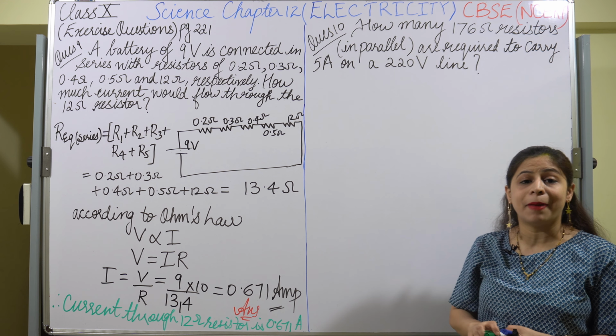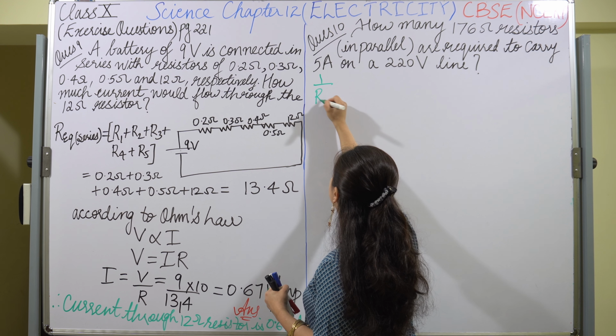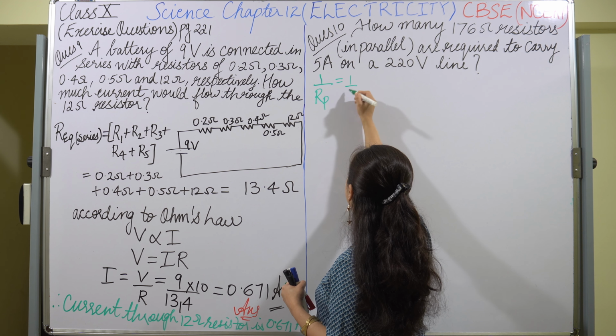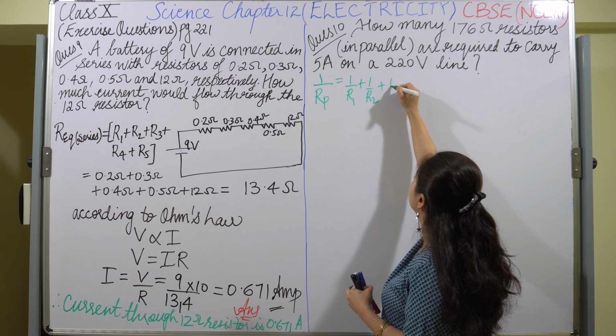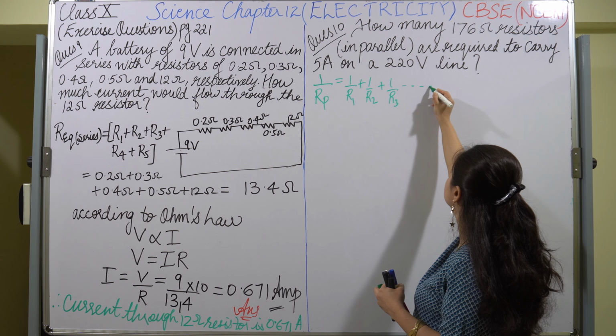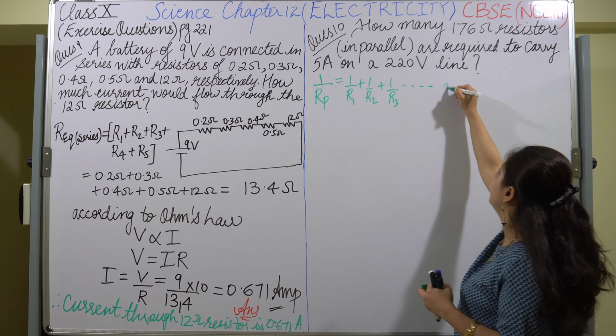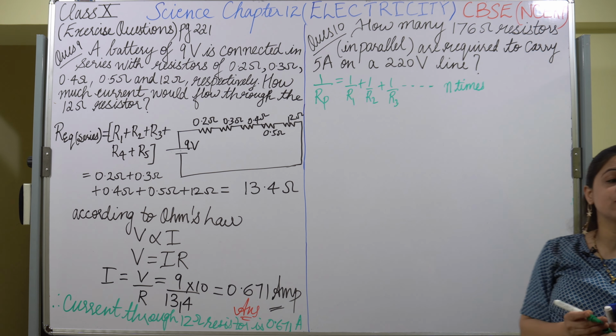So we already know the parallel equivalent is given by 1/Rp = 1/R1 + 1/R2 + 1/R3, and it goes on till n times. Okay, so this n we have to find out.